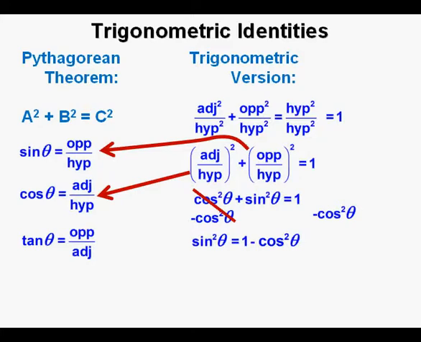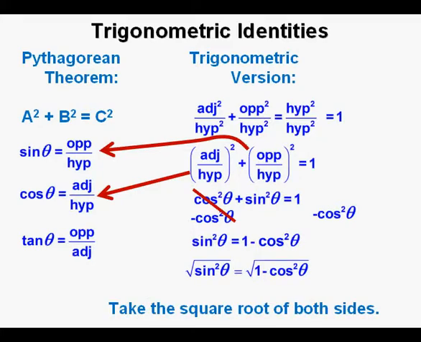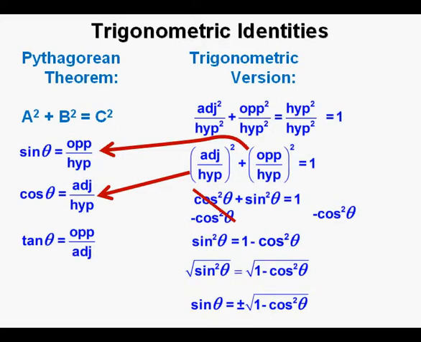Now we take the square root of both sides of the equation, and we now have the related identity sine theta equals plus or minus the square root of quantity 1 minus cosine squared theta. And if we go through the same process but solving for cosine theta, we end up with cosine theta equals plus or minus the square root of quantity 1 minus sine squared theta.